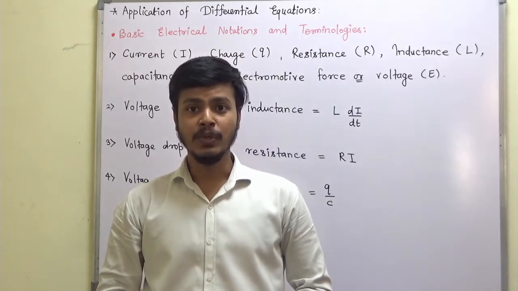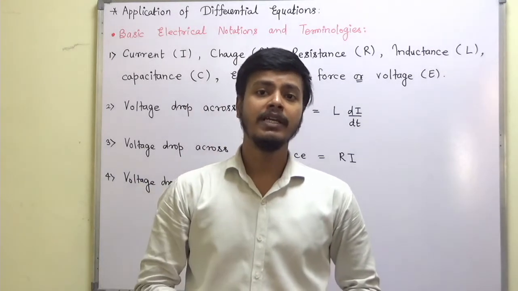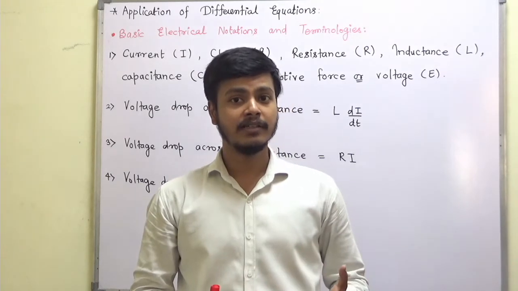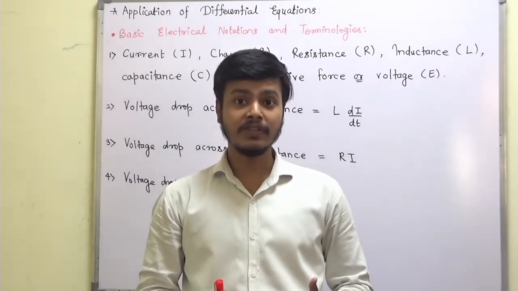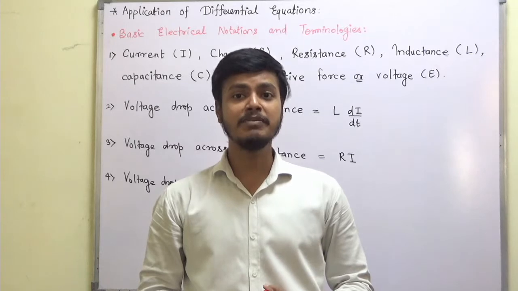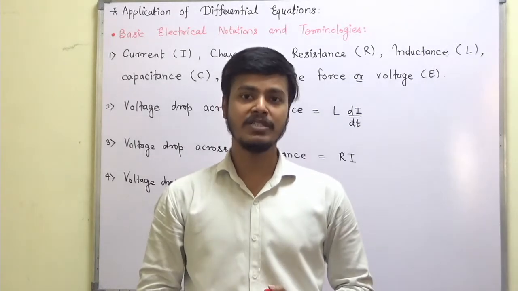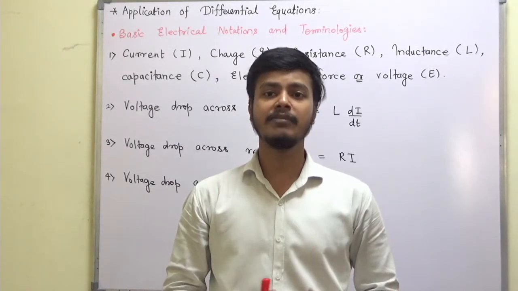So to understand the problem which we are going to solve with the help of differential equation, you must be familiar with the basic terminologies. So let us see what these terminologies are.